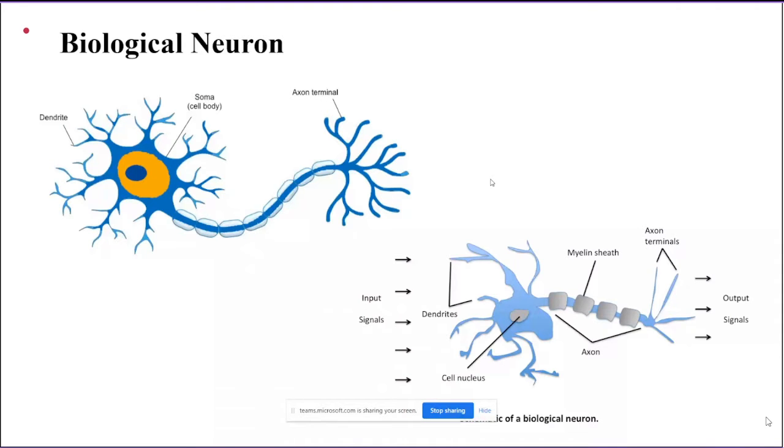So if you look at the slide, you can see this is a single neuron, a single cell, where we have different parts of this neuron like dendrites, soma, and axons, and this inspired us to create an artificial neural network.